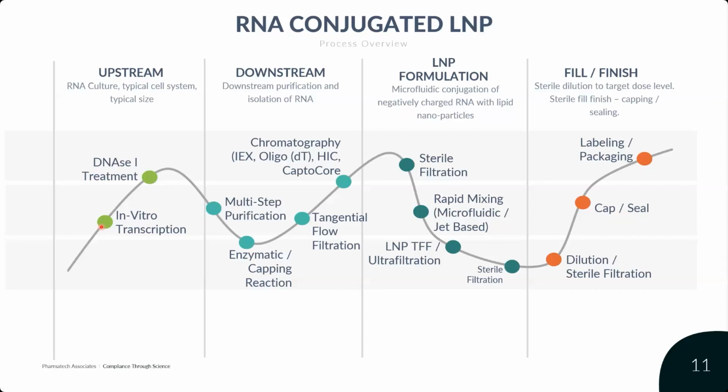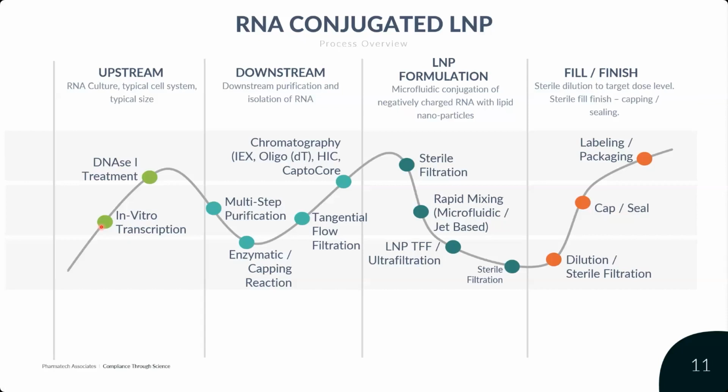Pretty much every company with an approved mRNA therapeutic, or at least in development, keeps their downstream a little bit proprietary, but it can consist of multiple chromatographic steps, and then to render stability to the mRNA so it's not digested or degraded immediately following in vivo delivery. You usually enzymatically cap the mRNA on the 5' end to render it a bit more stable.